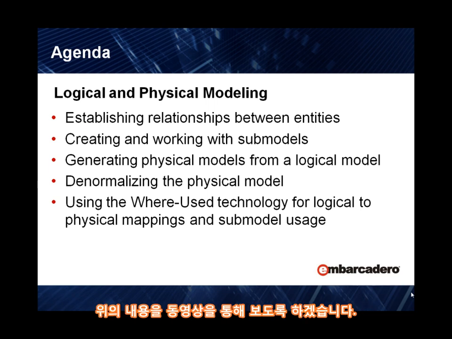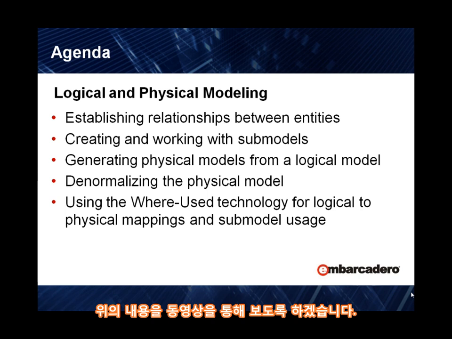We'll discuss how to establish relationships between entities, how to create and work with submodels to manage large models and effectively organize groups of entities together. We'll talk about generating physical models from a logical model and the settings that you can choose there.